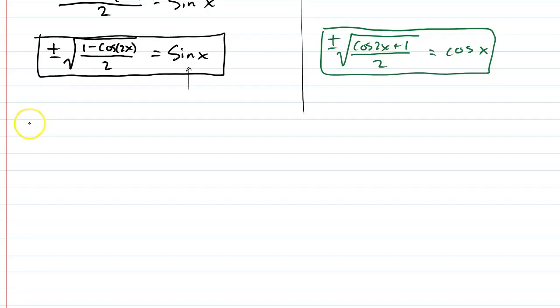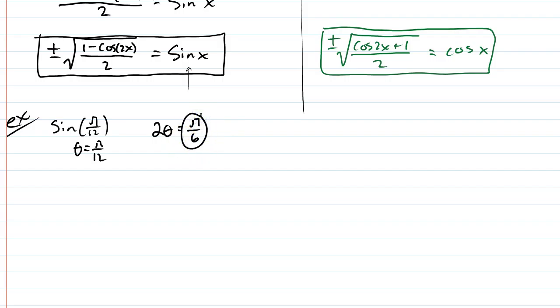So here's an example of how you would use the sine. Let's say we wanted to find the sine of pi over 12. Okay. So we have to think about this. Theta right here is pi over 12. Now, if I do 2 times theta, I have pi over 6, and we know pi over 6 on the unit circle.